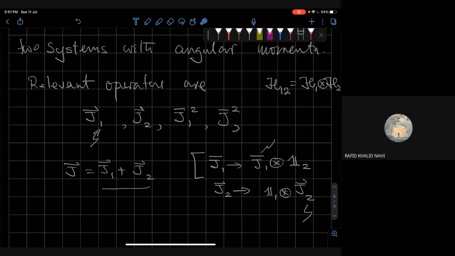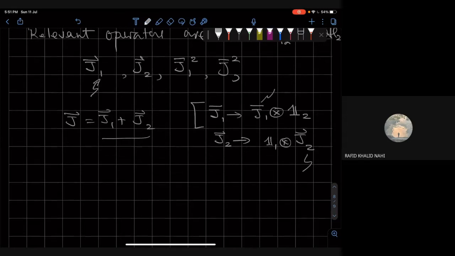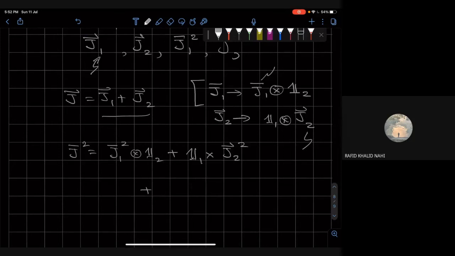Right. So and then what is J squared? J squared will be J1 squared. Of course, there's an identity operator that I'm not going to write, but just let me write it for now. And then there'll be an identity operator on the first Hilbert space times J2 squared. And then there'll be a cross term, which will be 2 J1 dotted with J2. And what is this?